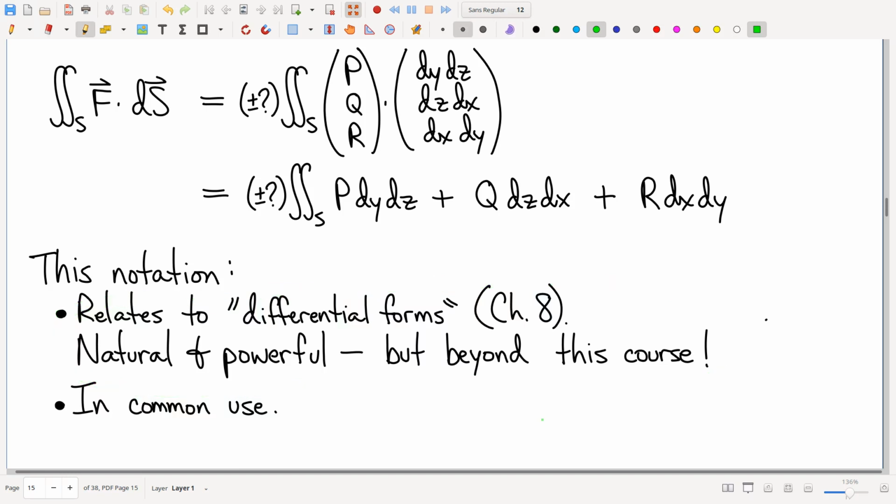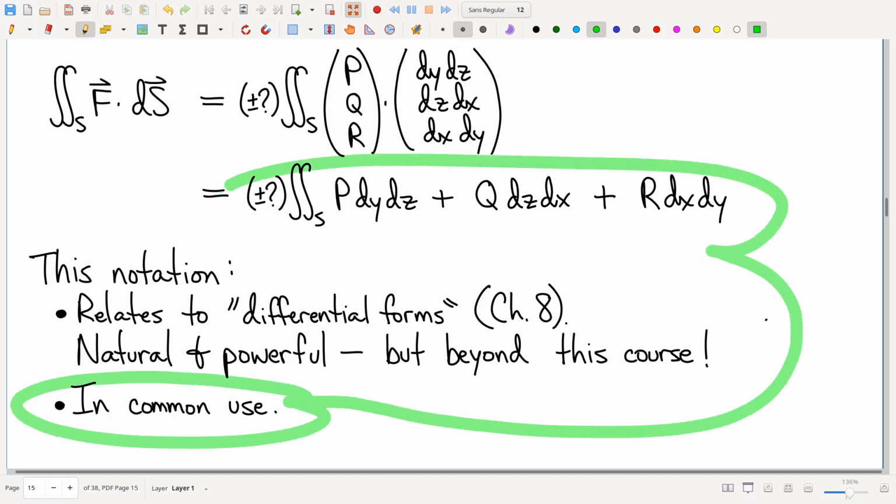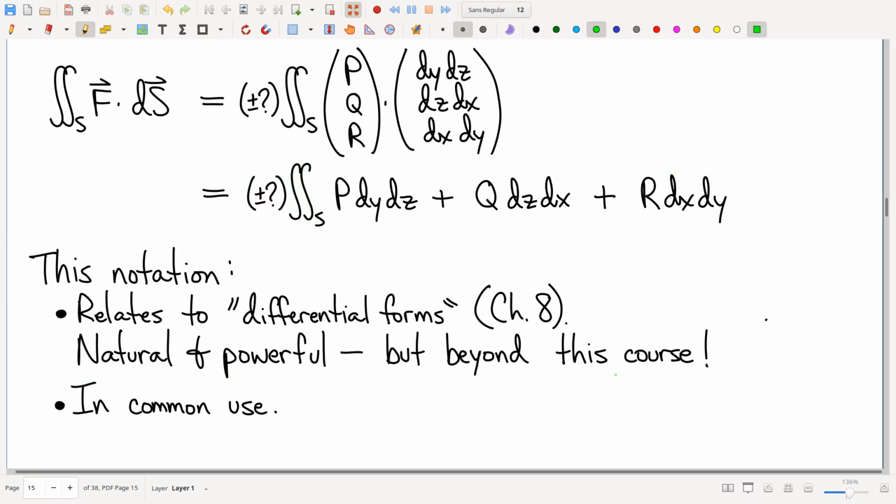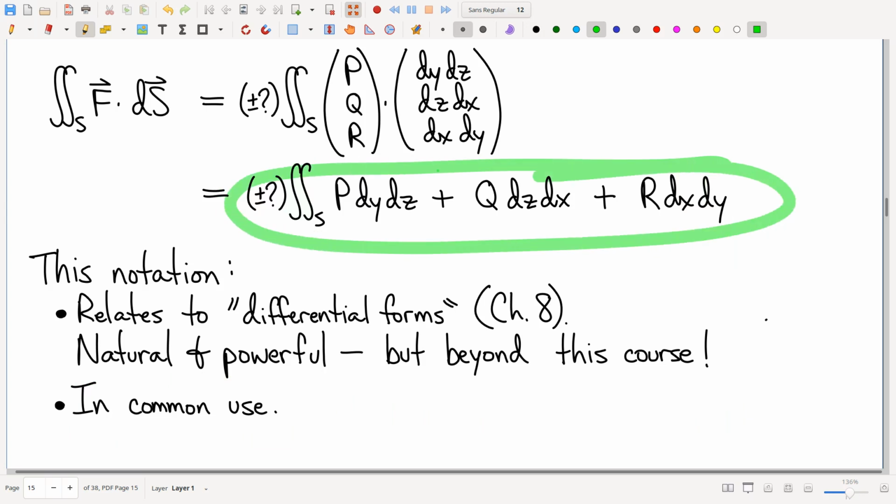But because there are good reasons to like that notation, some people you will work with or for will like this notation. So you're going to see this notation. So heads up, that's what that is. And my advice is that when you see something like this, what you should think is, all right, look, all this business with the dy dz, dz dx, dx dy, that's just a fancy way of saying ds.